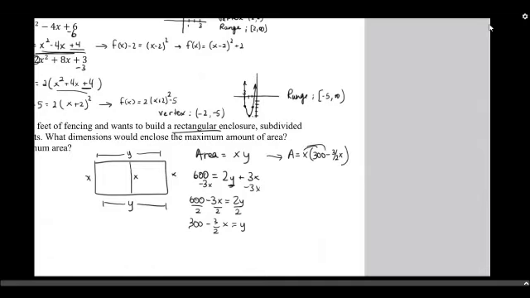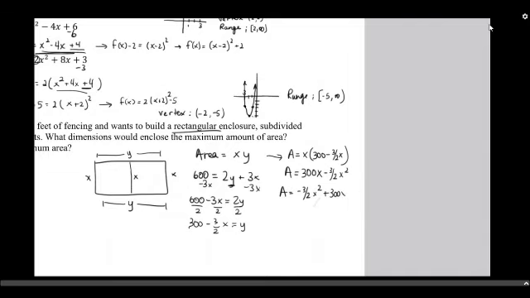If you distribute the x, you're going to have area equals 300x minus 3/2 x squared, or if you write this another way, negative 3/2 x squared plus 300x. Now I know this area formula looks more complicated than what we started with over here, but the nice thing is we only have one variable, x.